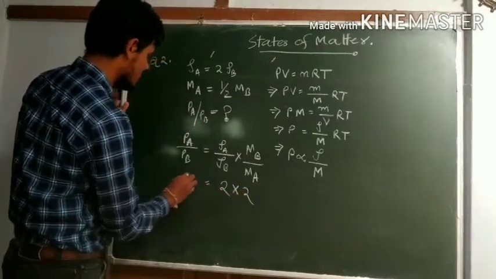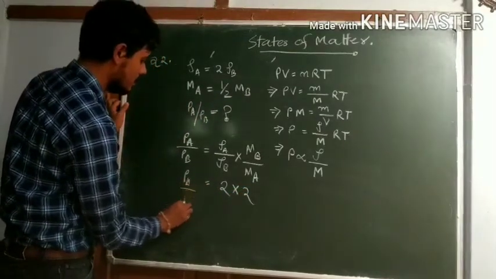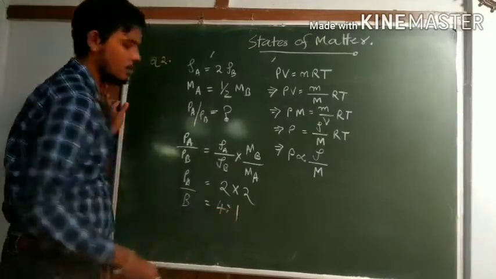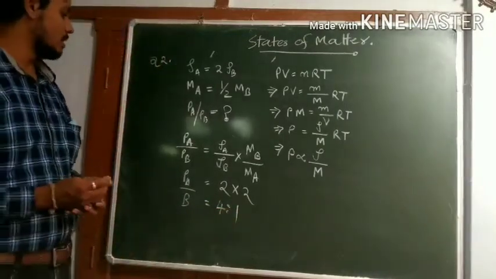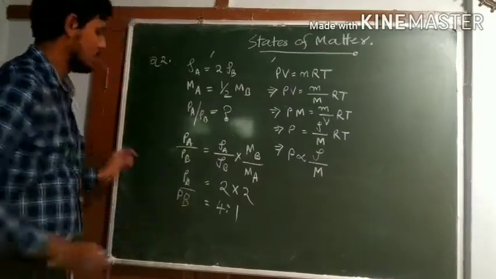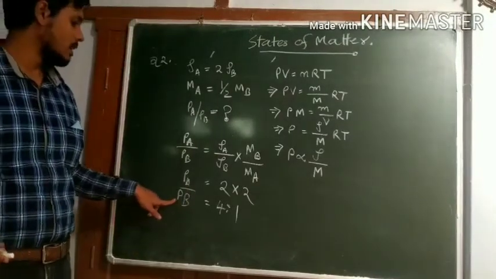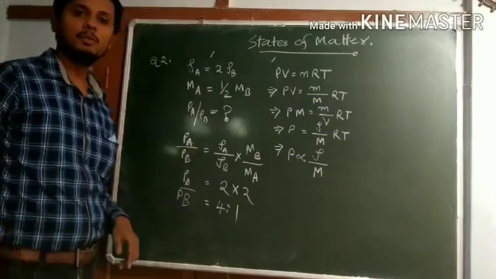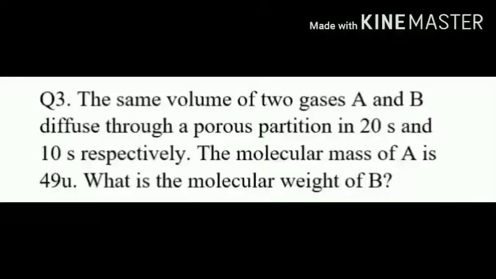So we get PA by PB equals 4:1. So the partial pressure of A to the partial pressure of B comes out to be 4:1.